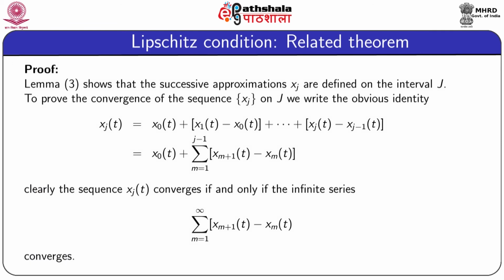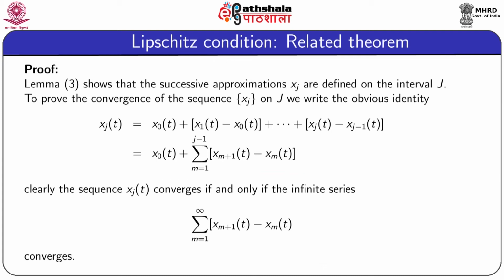The proof goes like this. Lemma 3 shows that the successive approximations x_j are defined on the interval J. To prove the convergence of the sequence x_j on the interval capital J, we write the identity x_j is equal to x_0 plus (x_1 minus x_0) plus ... plus (x_j minus x_(j-1)), which is equal to x_0 plus the summation from m equal to 0 to j minus 1 of x_(m+1)(t) minus x_m.